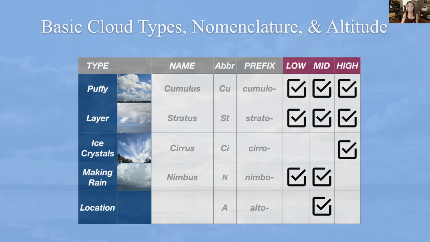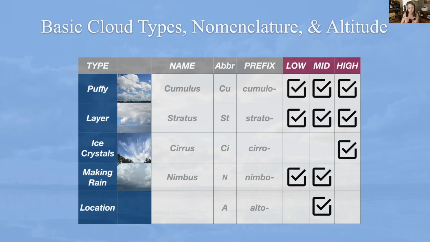Another appearance is whether they're forming layers, and those are called stratus clouds, abbreviated ST, with the prefix strato. And they also occur at low, mid, and high altitudes.